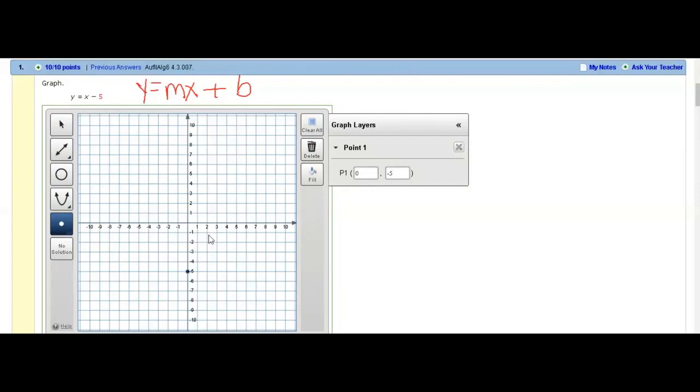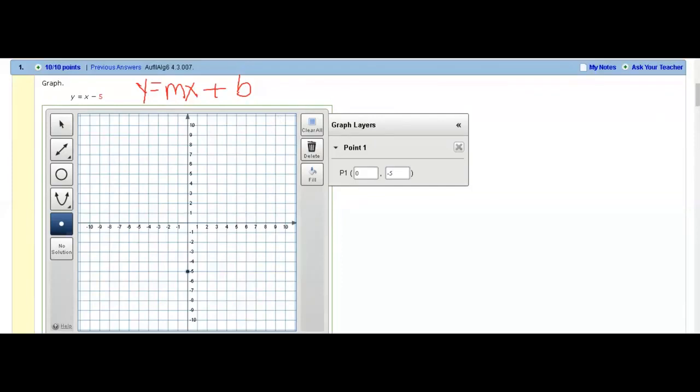Now, because I have an x here, I know that it's a 1 in front of it. That is not necessary for us to write. When we have a 1 in front of our variable, it's just assumed that it's a 1. So I know that m equals 1.